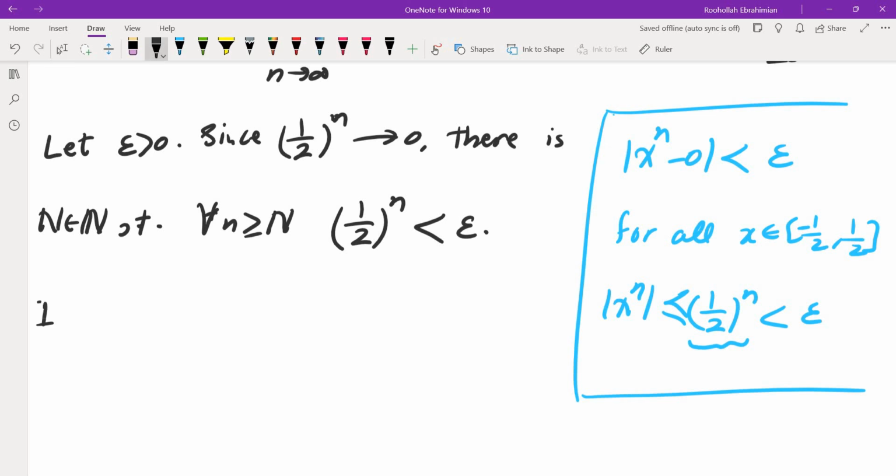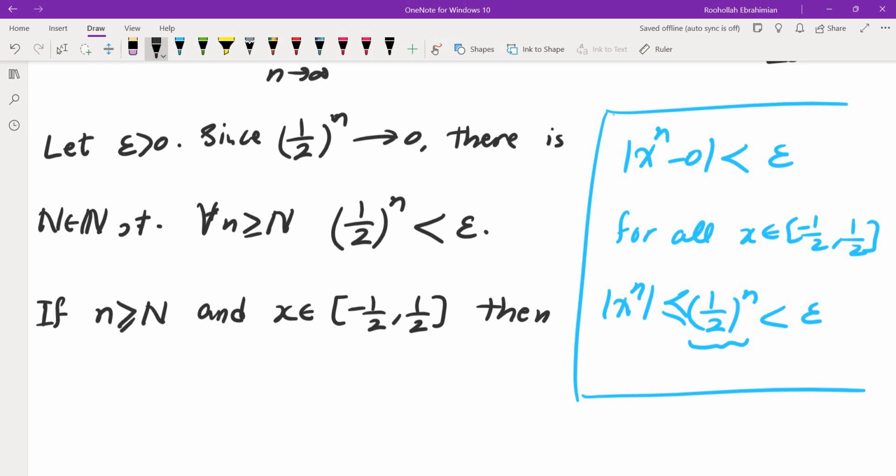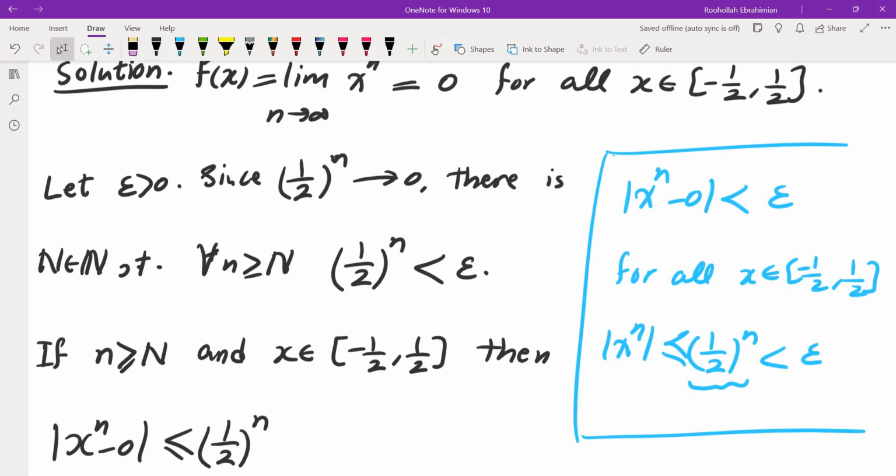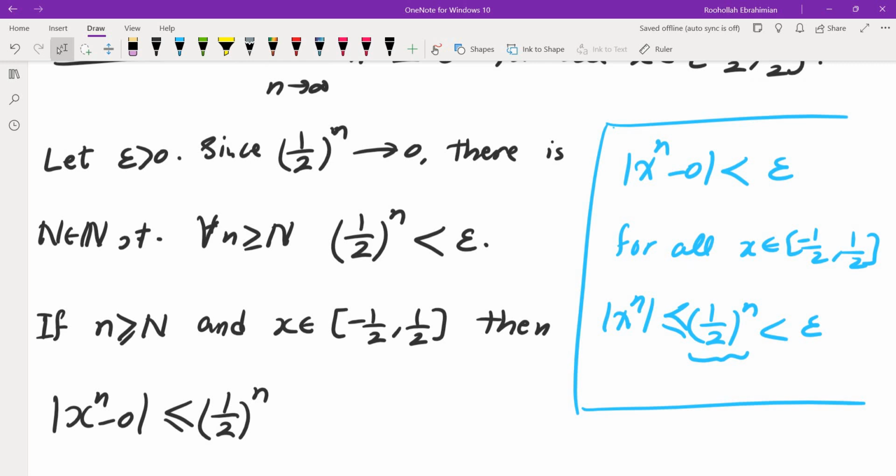Now, if n is greater than or equal to N and x is in the interval -1/2 to 1/2, then the distance between x to the n and 0 is going to be less than or equal to 1/2 to the power of n, which is less than epsilon by assumption, by what we found here.